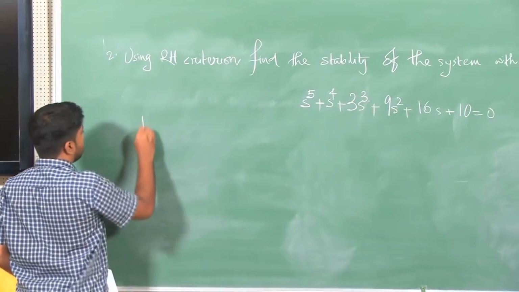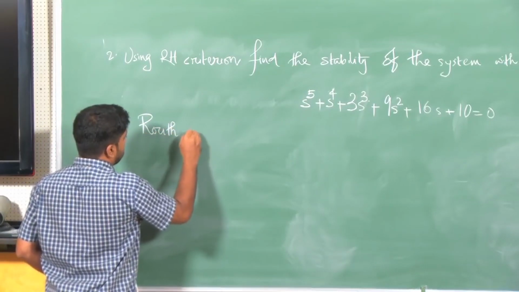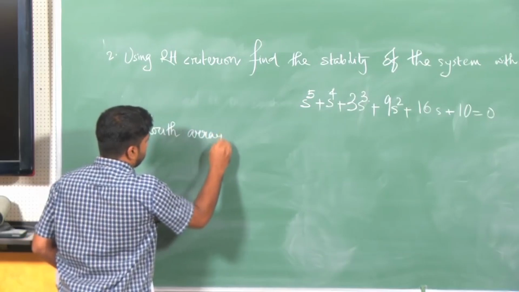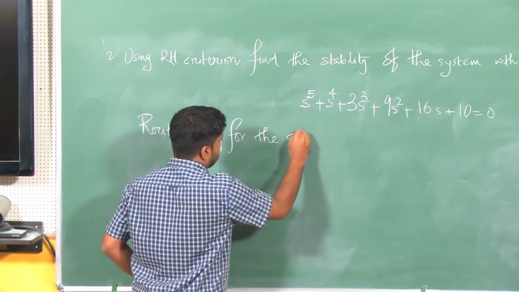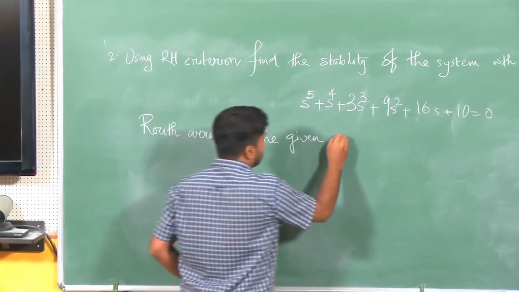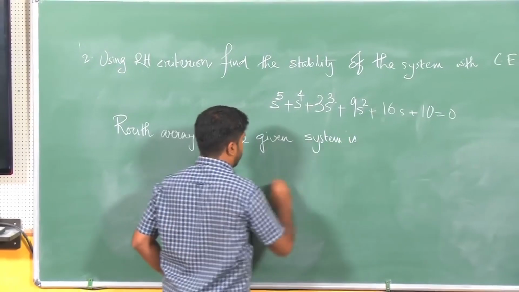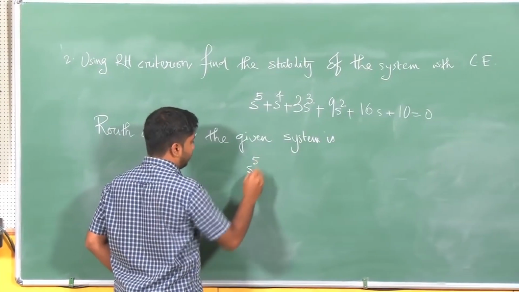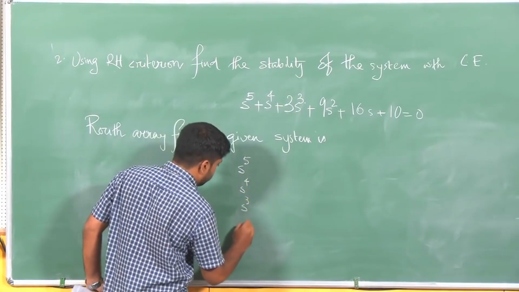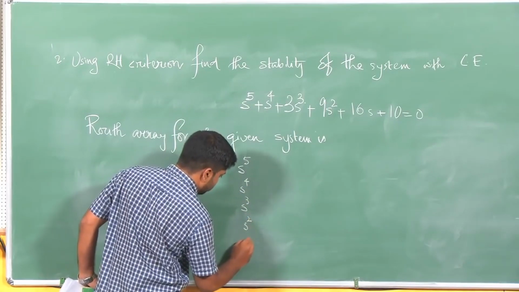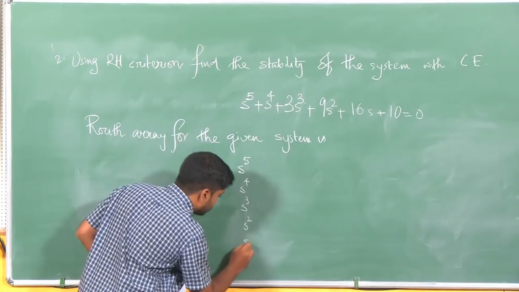Okay. So, the Routh array for the given system is: first s to the power 5, then s to the power 4, s to the power 3, s to the power 2, s to the power 1.